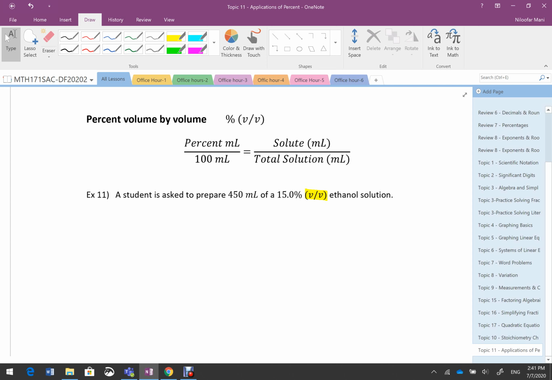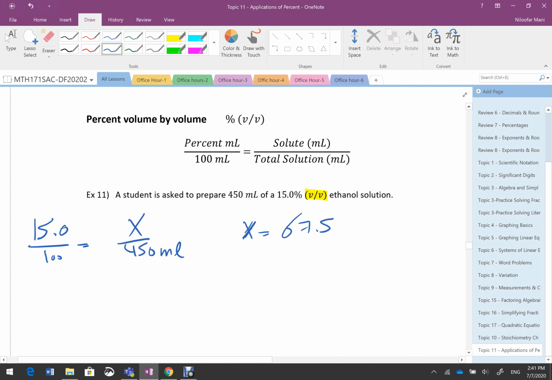Okay, so what should we do here? What should be done? So 15% equals X over 450 milliliter. Yeah. So X is the same as the other question. I can calculate X, and X is 67.50 milliliter ethanol.